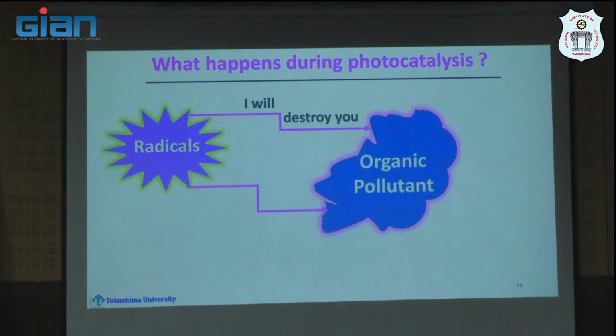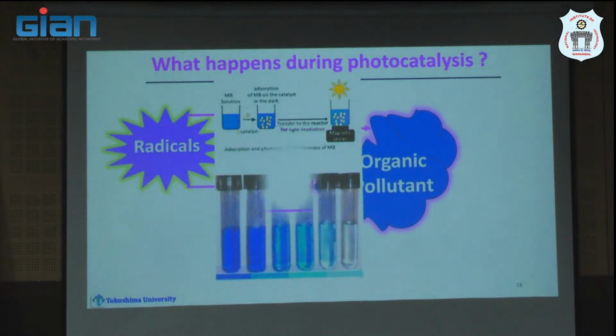The main thing in photocatalysis is the creation of radicals to break down the material. Photocatalysis means breaking down the material. So the organic pollutant reacts with this radical. If the radical is created, your job is almost half done. Next, this radical will react with the organic pollutant, or kill the organic pollutant, and you can get clean water.